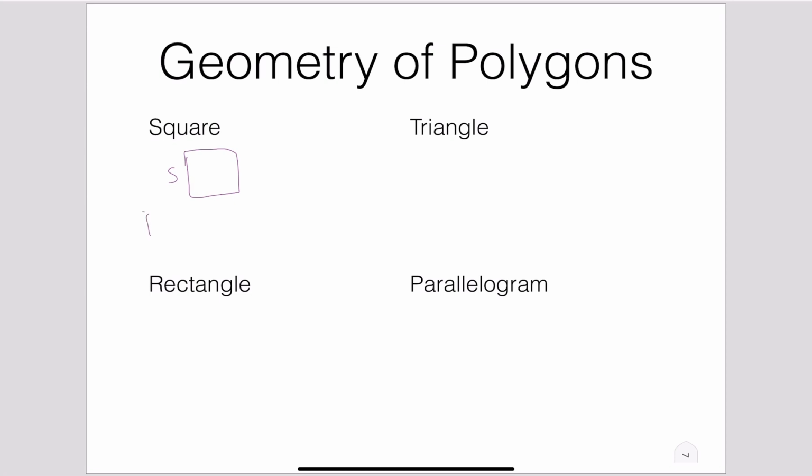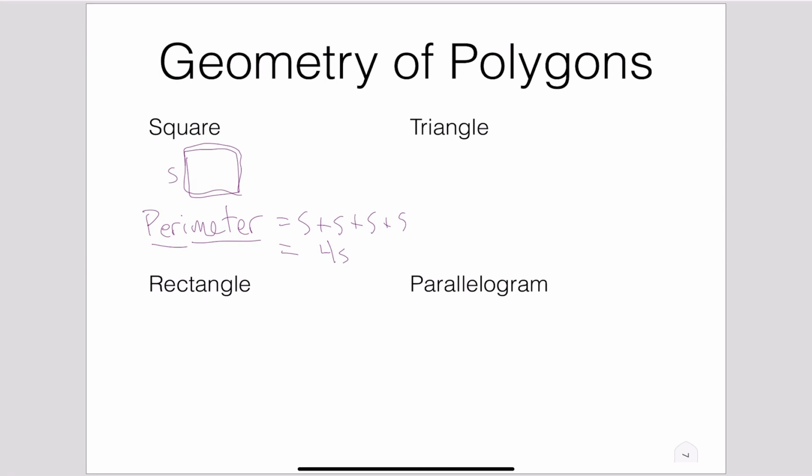So if you want to find the perimeter, the distance around the shape is all 4 of these sides added up. So you could say S plus S plus S plus S, or what we typically prefer to say is 4S, 4 sides. So if you know one of the sides of a square, you can find all 4 sides, the entire perimeter of the shape, by multiplying by 4, because all 4 sides are the same.